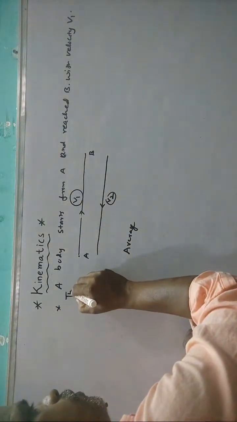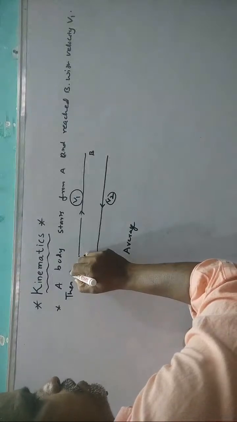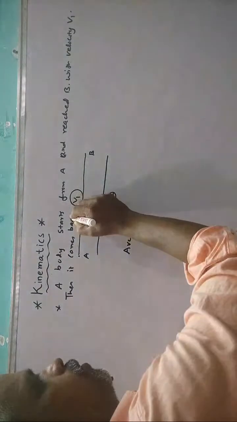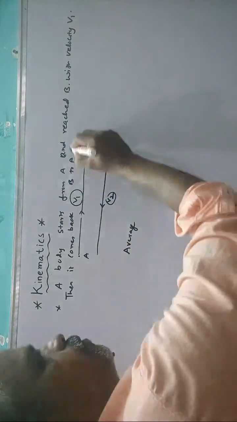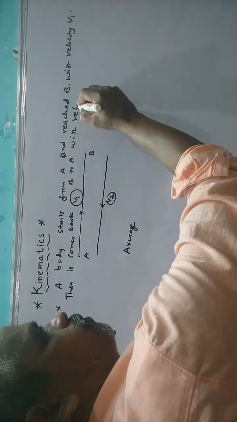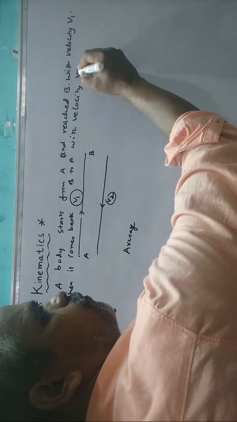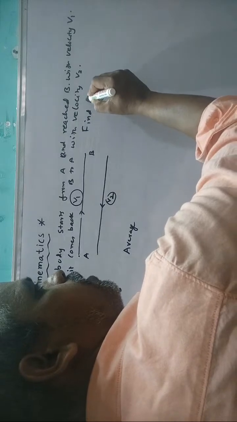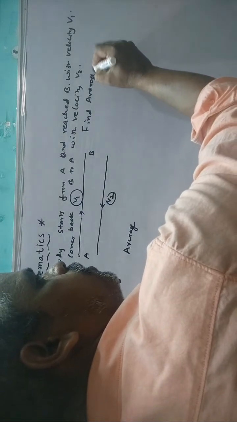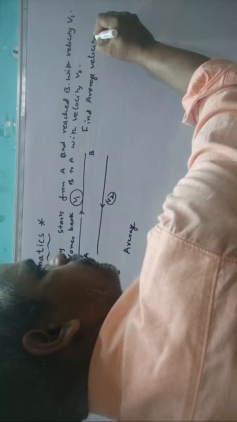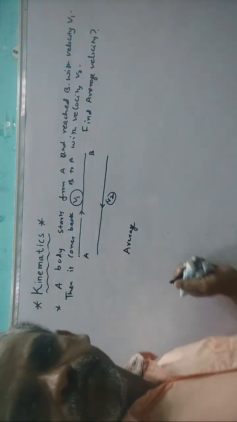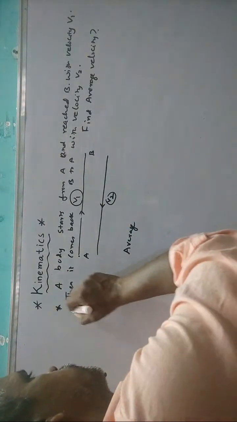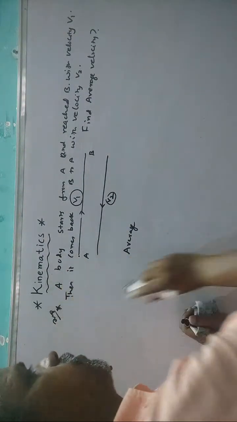Then it comes back from B to A with velocity v2. Then find the average velocity. This is the question. You write it like this only. This is also an important formula for you.